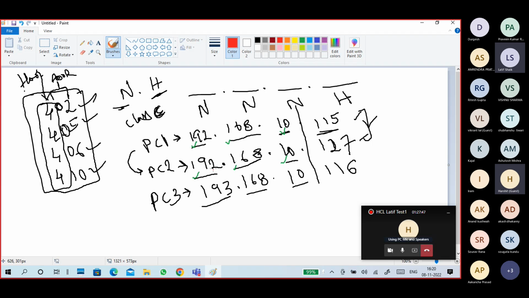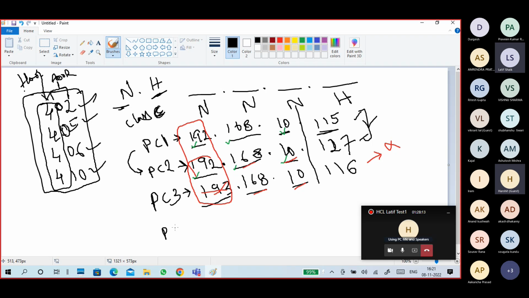In this one, the last three are the same, but the first itself is different. So it won't communicate. The second and third are the same, but still the first is different. So this PC cannot communicate with PC1 or PC2.